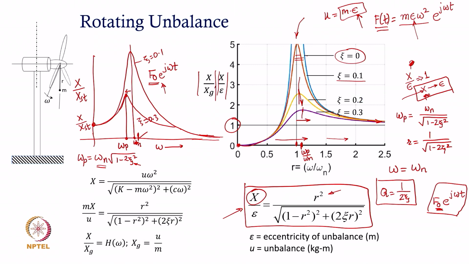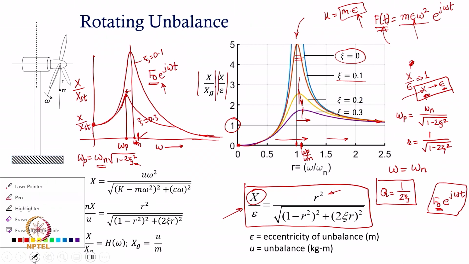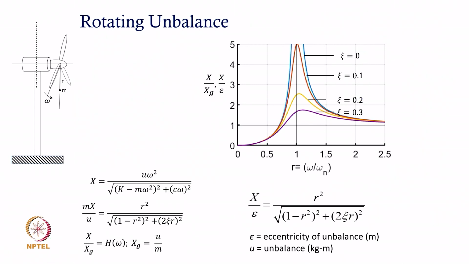So, by minimizing the unbalanced eccentricity, mathematically you minimize the source of your vibration. Practically, it is like reducing the response x by reducing the unbalanced eccentricity. So, this is all about the rotating unbalance case as a natural extension to the case of constant amplitude harmonic excitation.